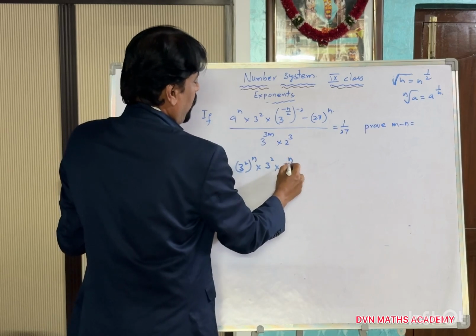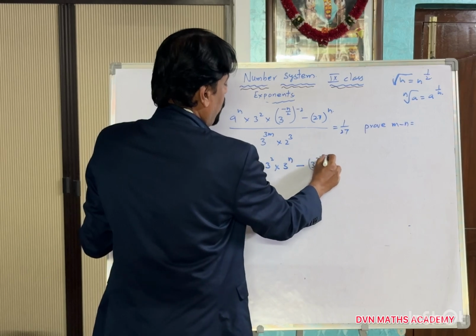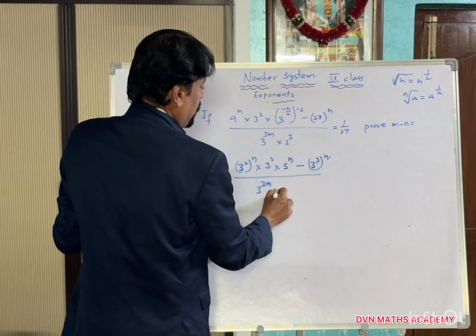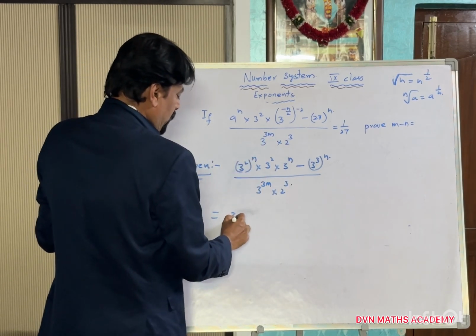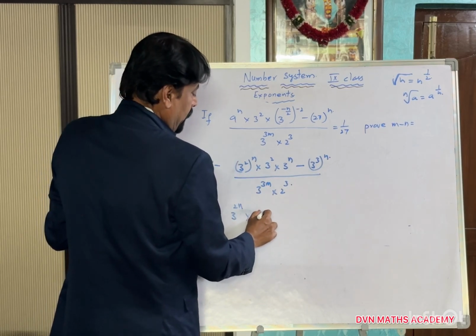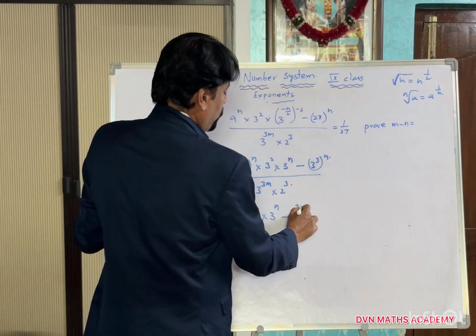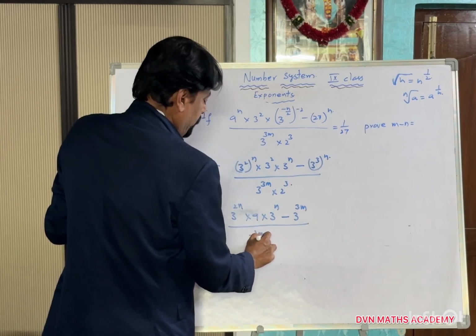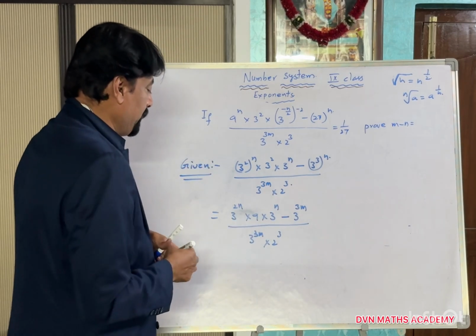This becomes 3 to the power of 2n into 9 into 3 to the power of n, minus 27 I can write as 3 to the power of 3 whole to the power of n, by 3 to the power of 3m into 2 to the power of 3. So this is the simplification of the given question.